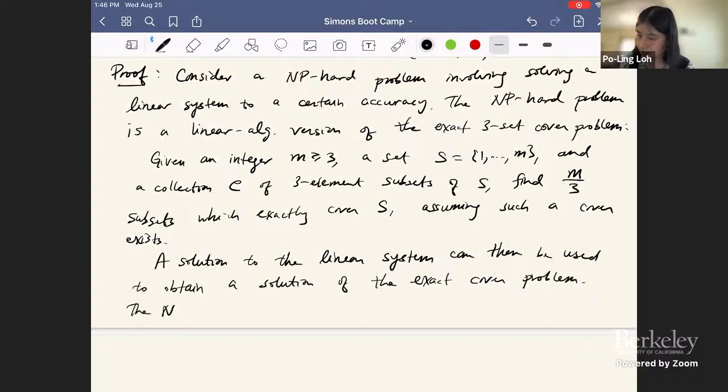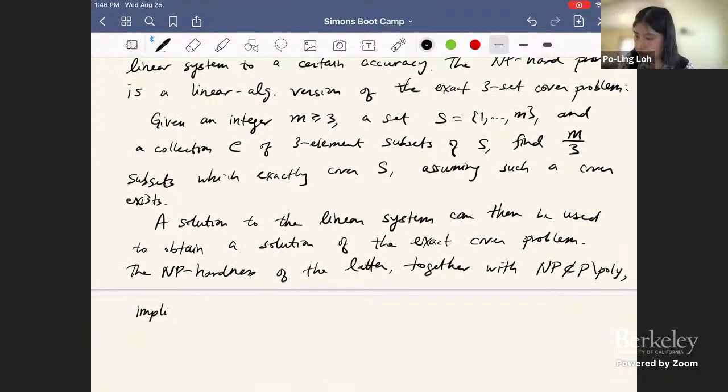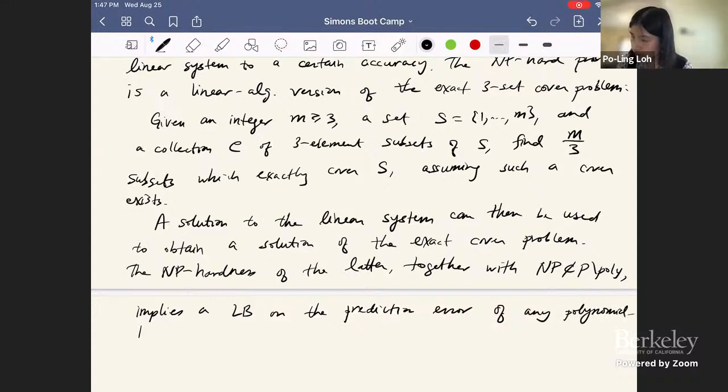And then the NP hardness of the latter, together with the conjecture that NP is not contained in P/poly, implies a lower bound on the prediction error of any polynomial time algorithm.